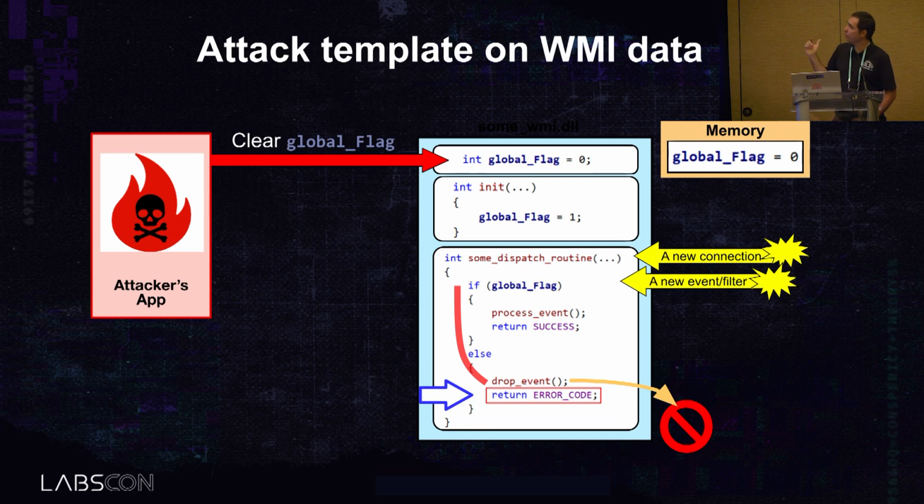And then when a new client comes in, a new request comes in, there is some dispatch routine that is called, and that flag is checked. If the flag is set to the required value, then the event is processed, and then no error, a success is returned. If it's not set correctly, then it drops the event and returns an error code.